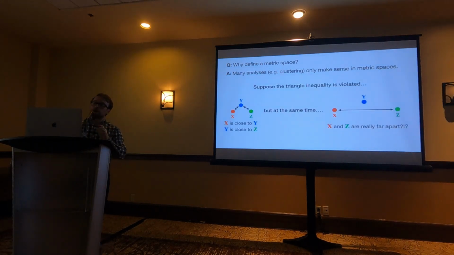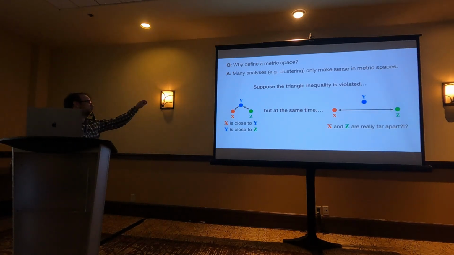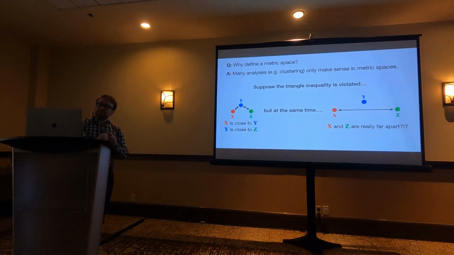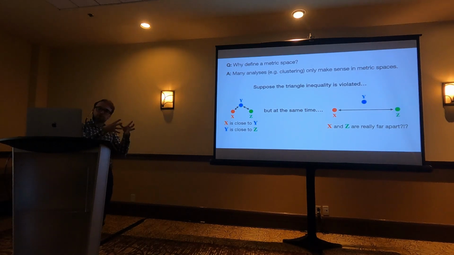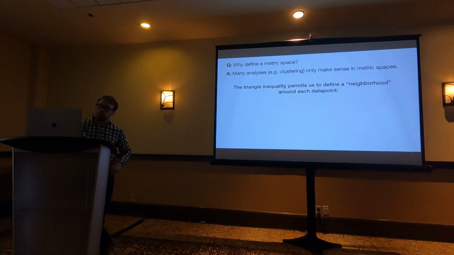So suppose the triangle inequality is violated, you can get these contradictions where network y is close to x and z simultaneously, but x and z are far apart from each other. The left configuration of points would suggest that you should put these three networks into the same cluster, but in contradiction, the right configuration of points tells you that x and z should be put in different clusters. So you run into these kind of paradoxes, if you will.